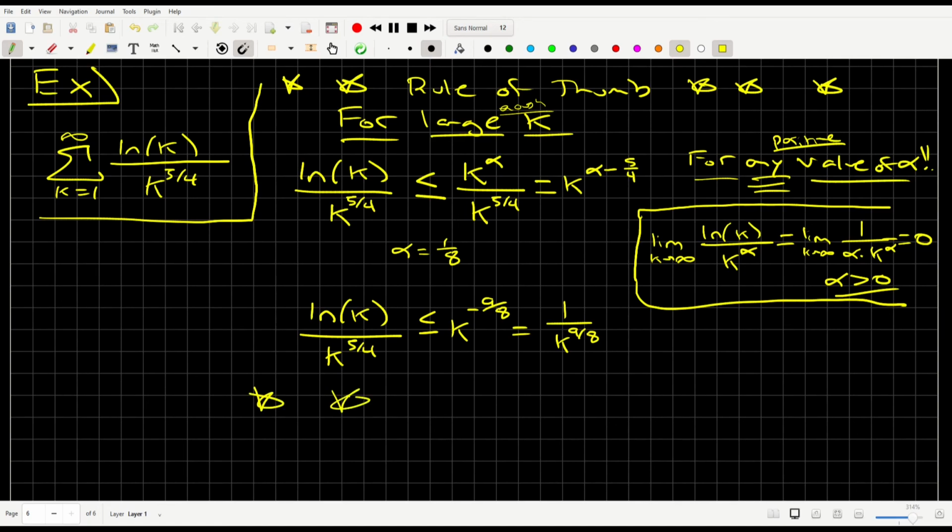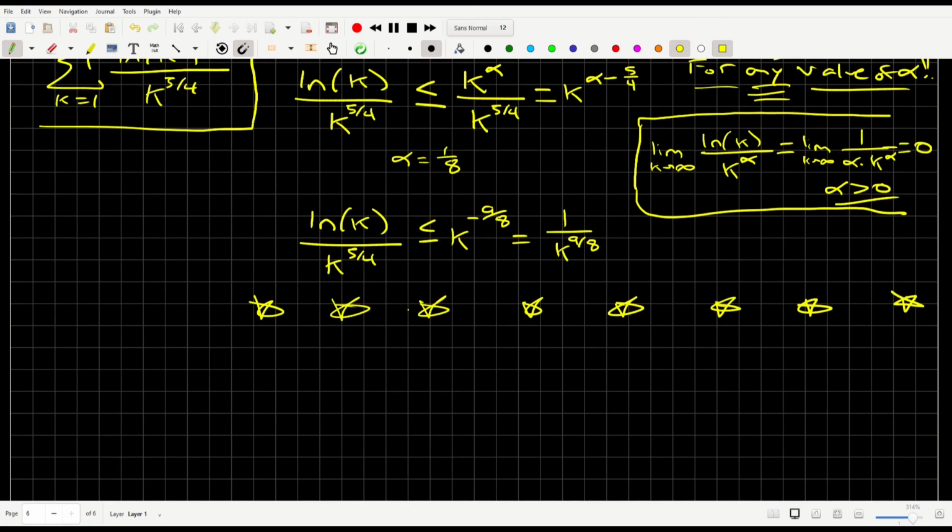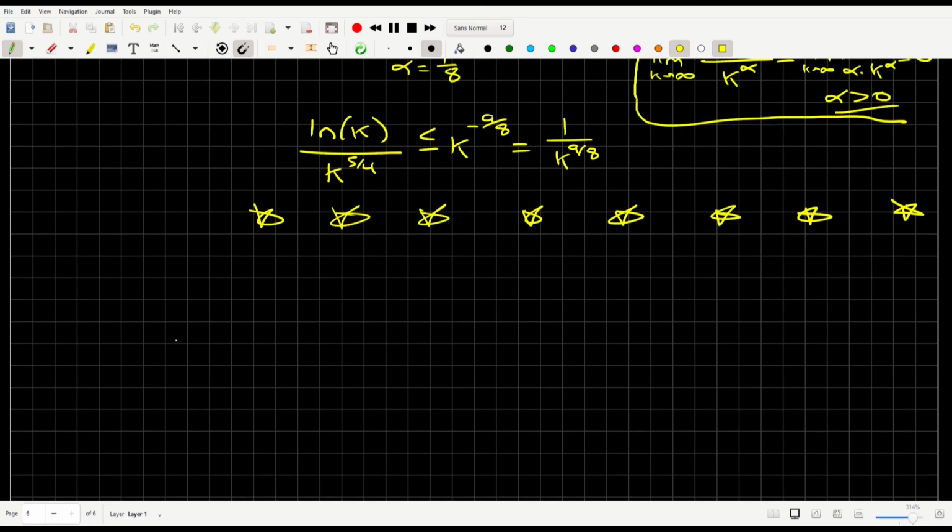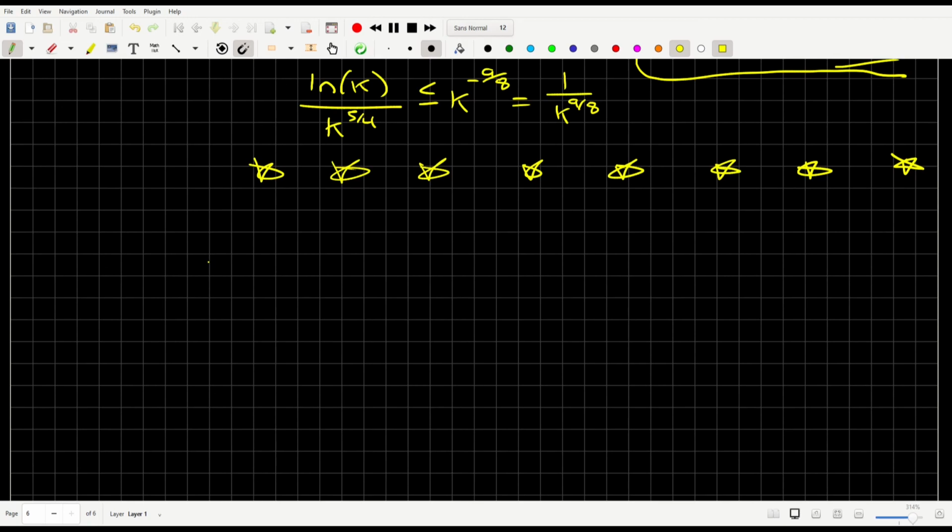So this was a slightly longer rule of thumb than for the previous problems, but I just wanted to show you that you can definitely do this, and then go through and directly apply the LCT here to get that this series is going to do the same thing as the series of 1 over k to the 9/8. Well, we do have to be careful because this is the special case of the limit comparison theorem where that limit goes to 0.